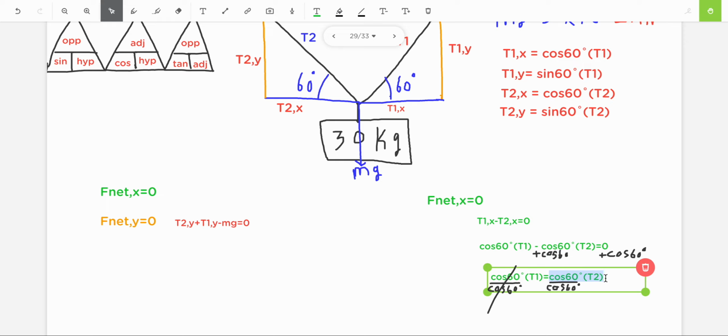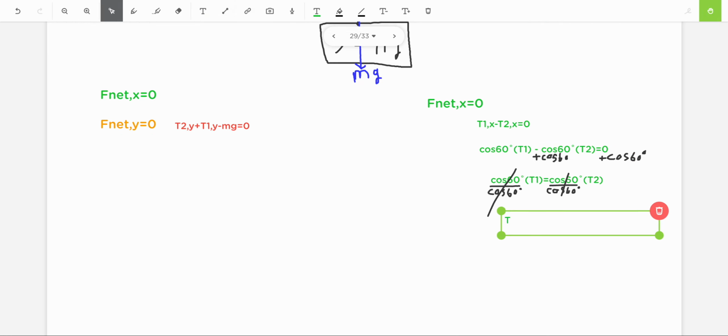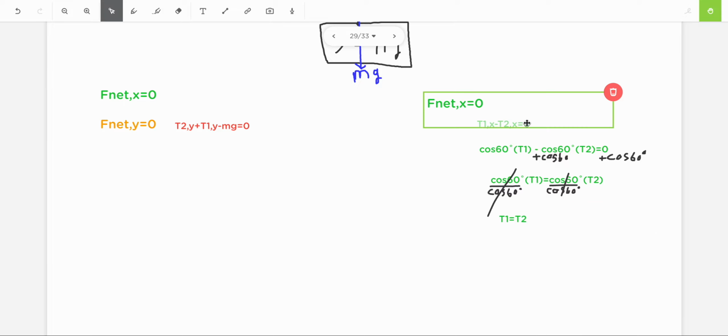These two will cancel, and also these two will cancel. So the answer will be T1 equal to T2. That's the final answer, T1 equal to T2. That's for F net x.